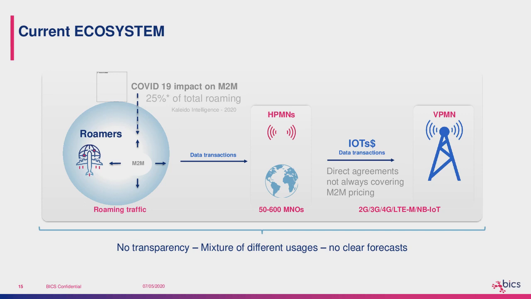If you put yourself from the visited network point of view, it has on average from 50 to 600 roaming agreements where international M2M transit. So in most cases, this VPMN, this mobile operator, has no visibility on M2M traffic, nor always commercial conditions dedicated to that segment. While the pricing does not differ whether it's M2M or traditional roaming, network usage can vary a lot and therefore impact the cost.